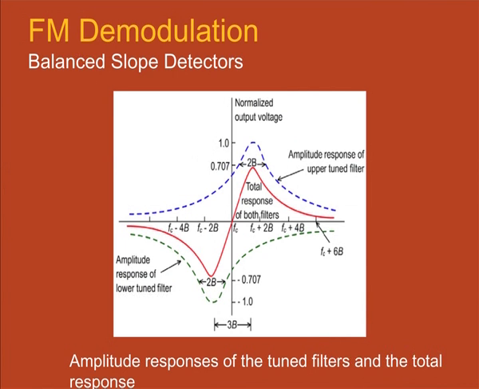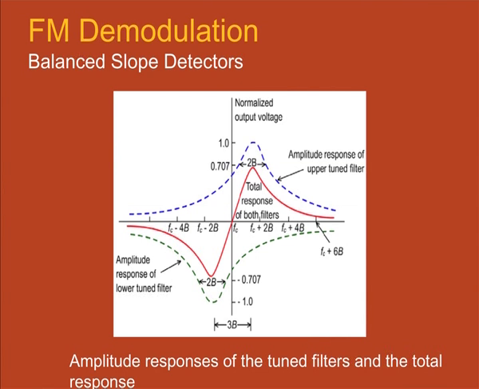For this kind of balanced slope detector, if we look at the frequency response, in the next slide we have shown the amplitude response for the tuned filters for the upper resonator circuit and the lower resonator circuit. The upper resonator circuit response is shown by a blue line, the lower resonator circuit response is shown by a green line, and the cumulative joint amplitude response is shown with the red line.